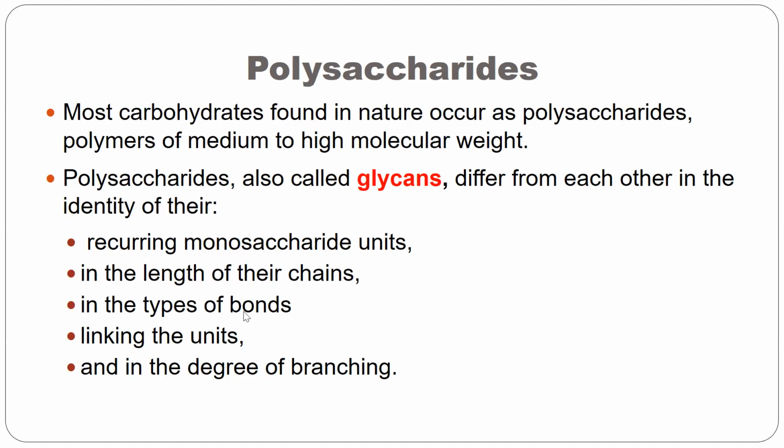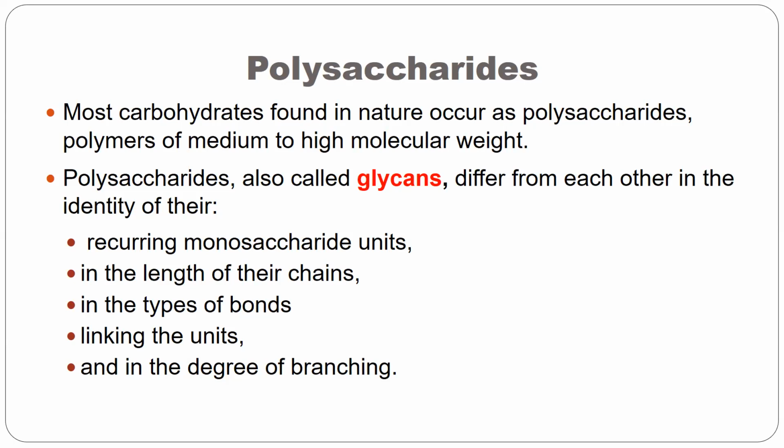So we can also identify our polysaccharides by the types of bond. Remember, in your disaccharides, you have to know, is it an alpha 1,4 glycosidic bond, or an alpha 1,6 glycosidic bond, or beta? And we have to know what is the first monosaccharide and the second monosaccharide in the disaccharide structure.